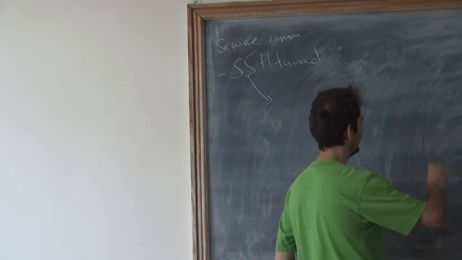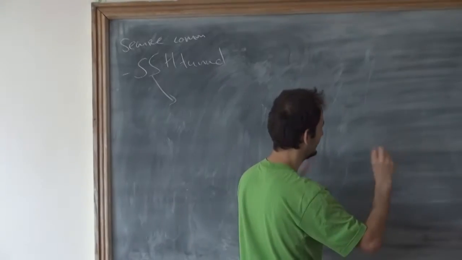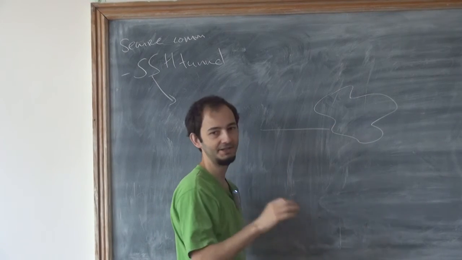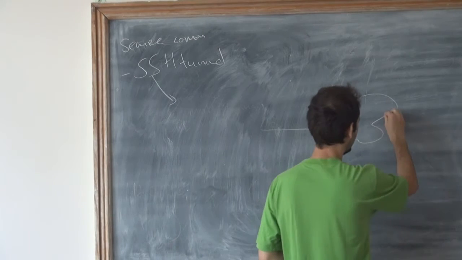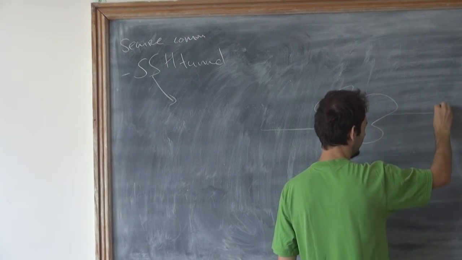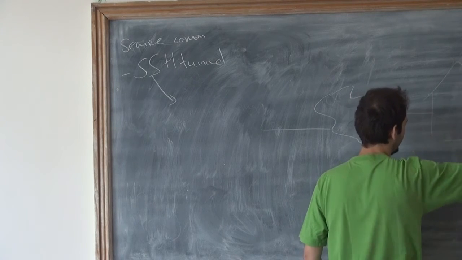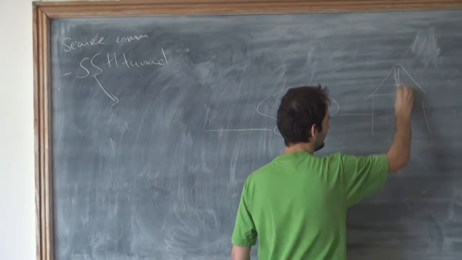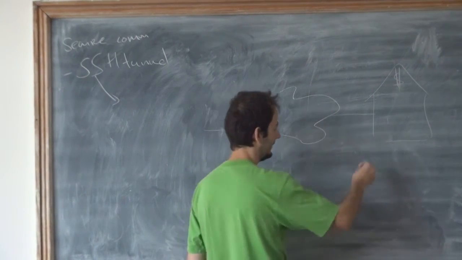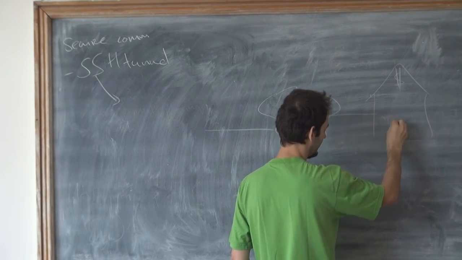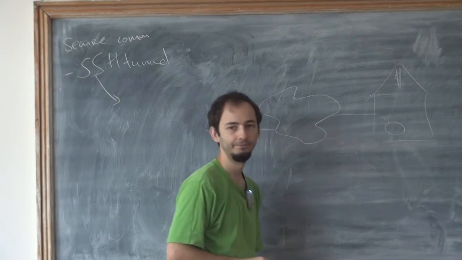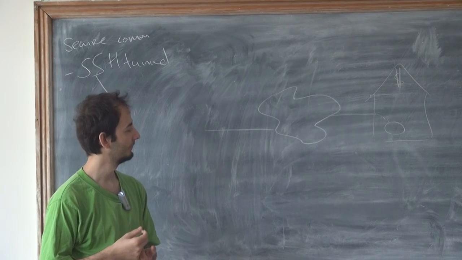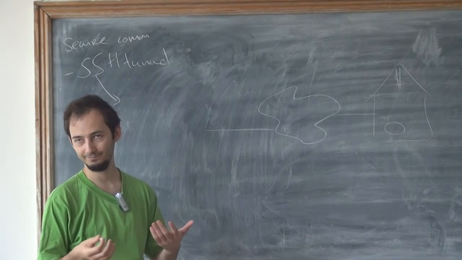So let me make a drawing of a hypothetical scenario. So this is the internet, the most unsafe place on the planet. And this is your home, or no, let's make it a bank. So this is a bank. And in this bank, they use a program that does some network communications over a network.